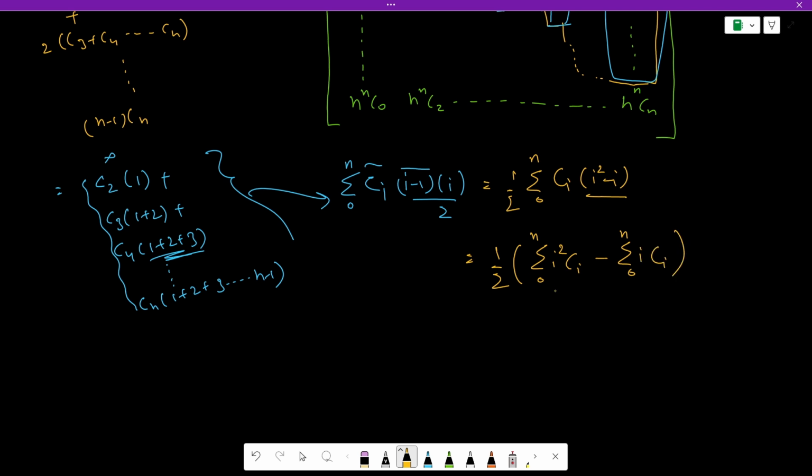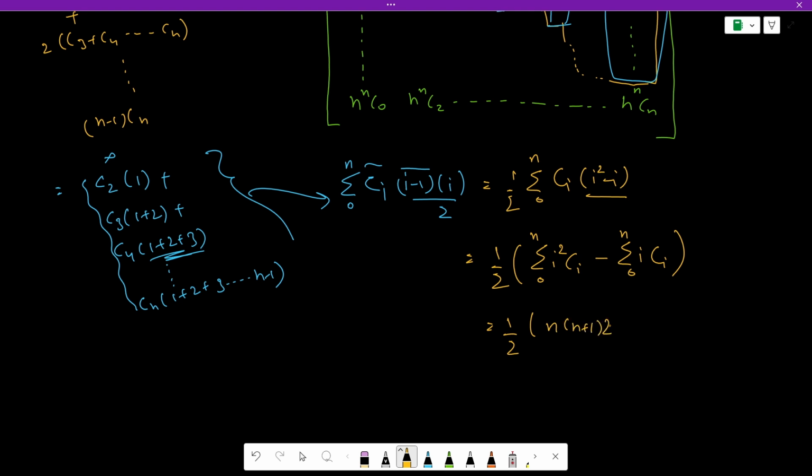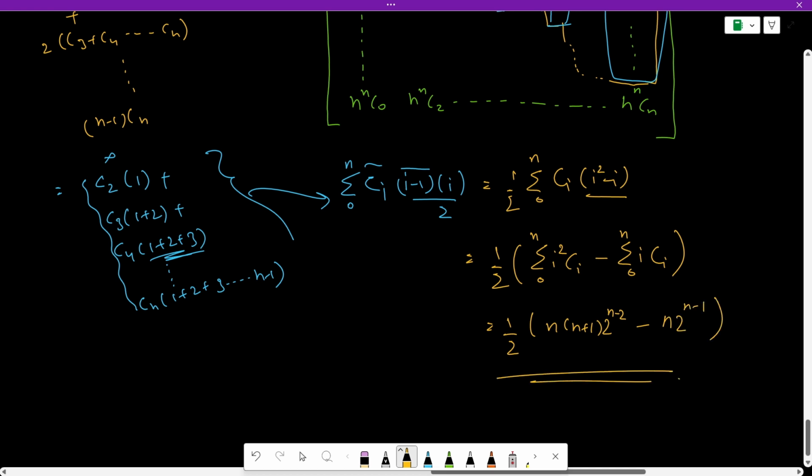Now these are the results, we can directly use them. Now this is 1 by 2 into n into n plus 1 into 2 raised to the power n minus 2, and minus n into 2 raised to the power n minus 1. So this is the final answer.